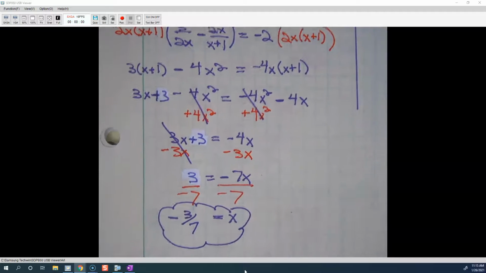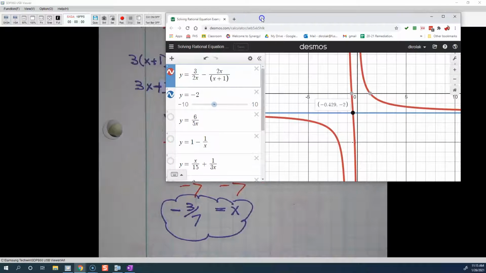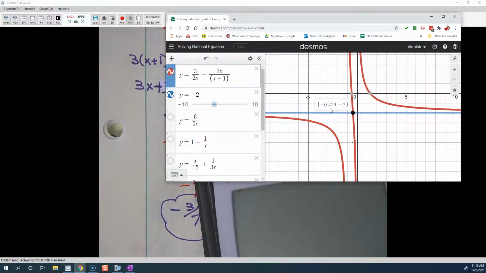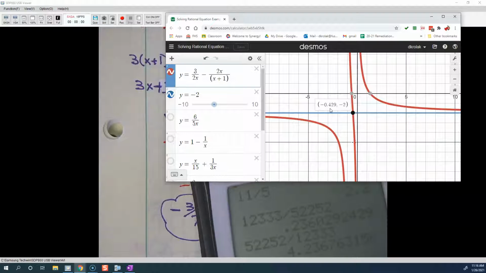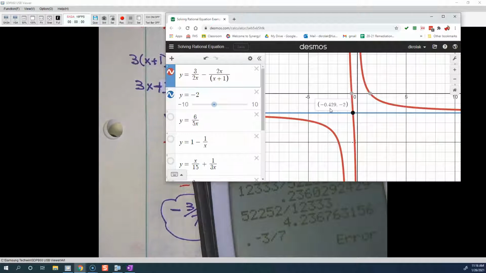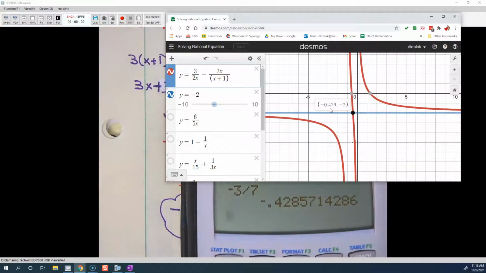And when we compare that to the graph that we got, it's the same thing. Okay, so that fraction right there, or that decimal, negative 3 divided by 7, it's the same.